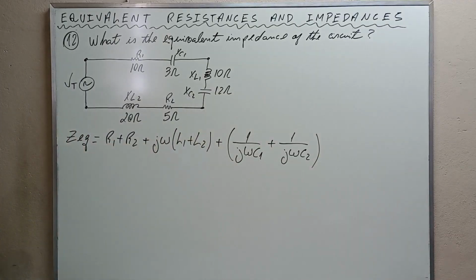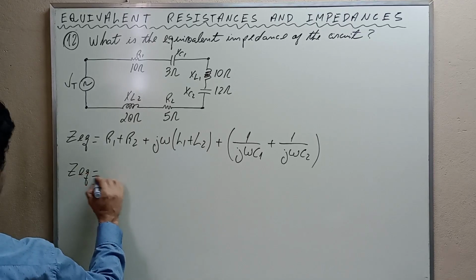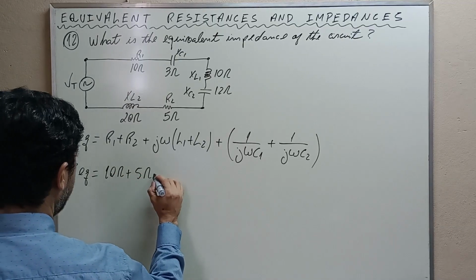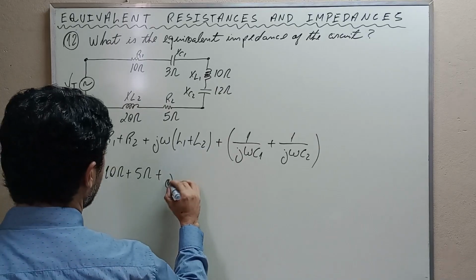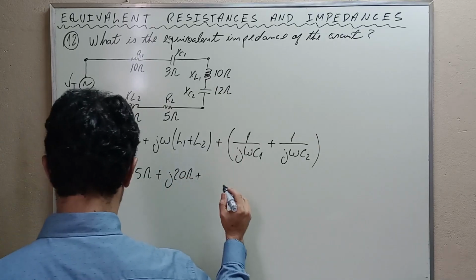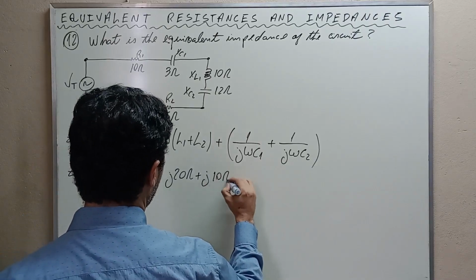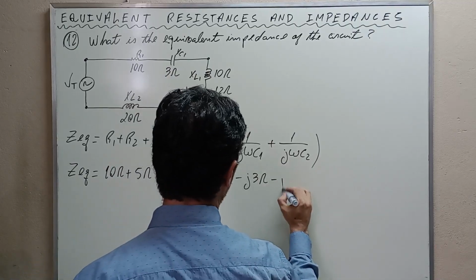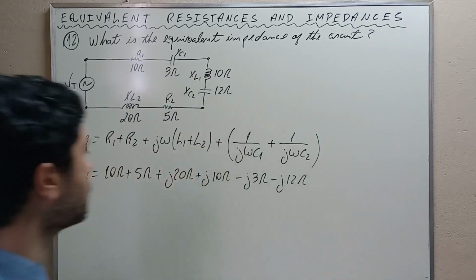However, as we do not know the values of the capacitances and inductances, nor the frequency of the source, we can simply sum the impedances. Thus, the equivalent impedance will be 10 plus 5 plus J20 plus J10 minus J3 minus J12.